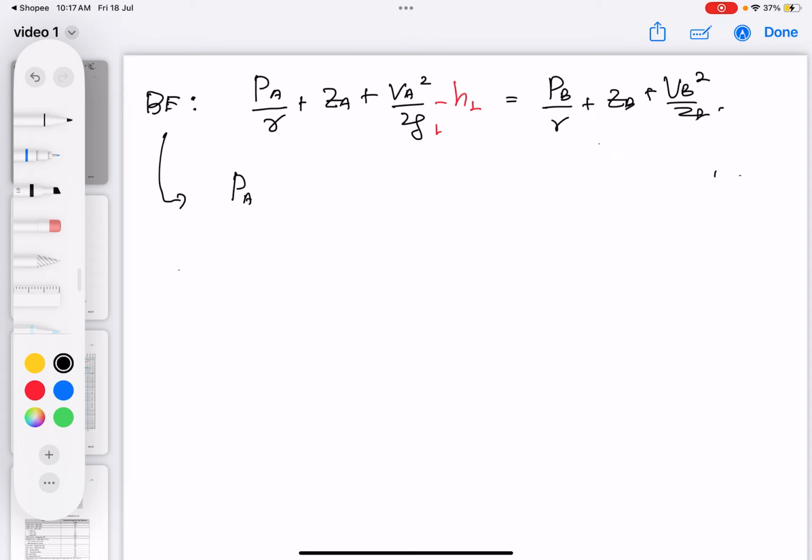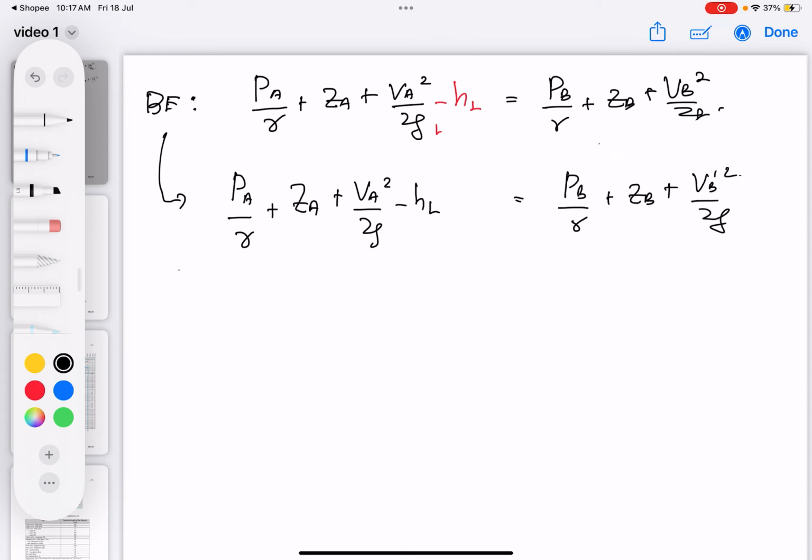So now I have PA over gamma plus ZA plus VA squared over 2g, minus HL, equals PB over gamma plus ZB plus VB squared over 2g. And then I'm going to subtract another term, what we call minor losses.